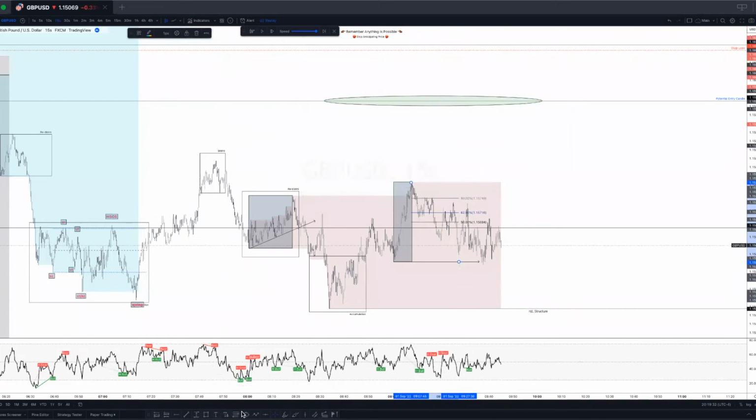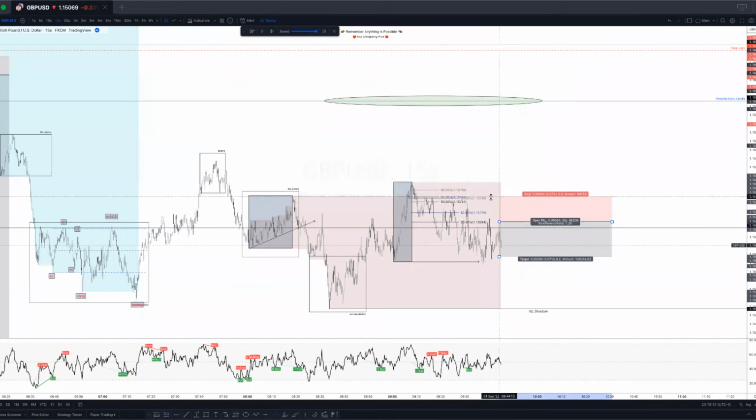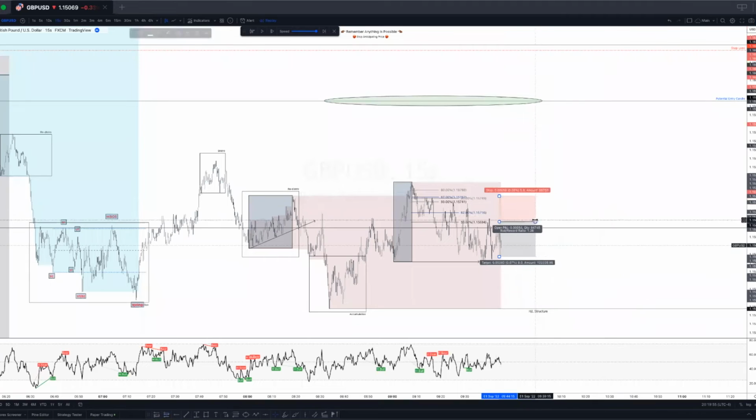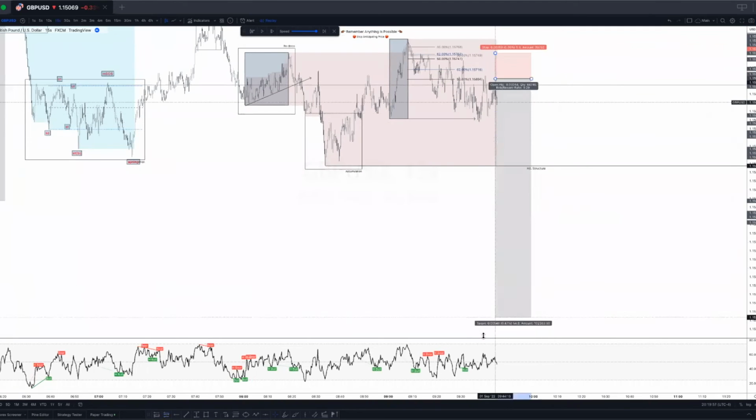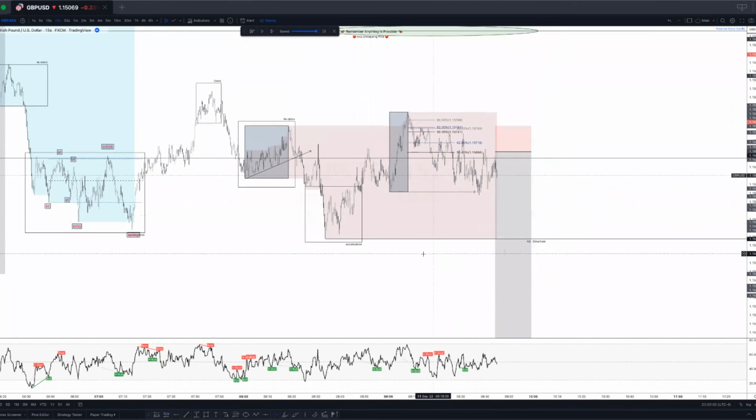I measure out that entire range, and then this is the range from this low to that high. And I do have confluence. So what I'm going to do, I think I probably missed the trade. But I'm going to set that, come down.